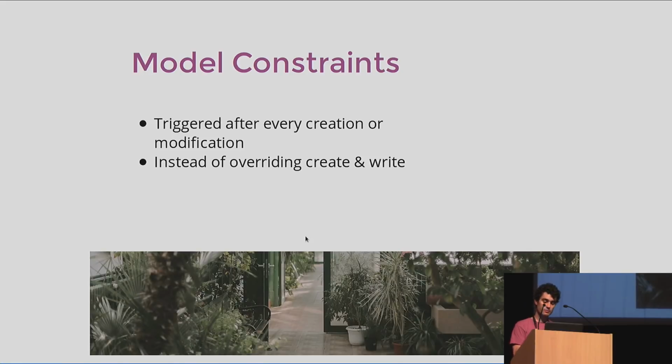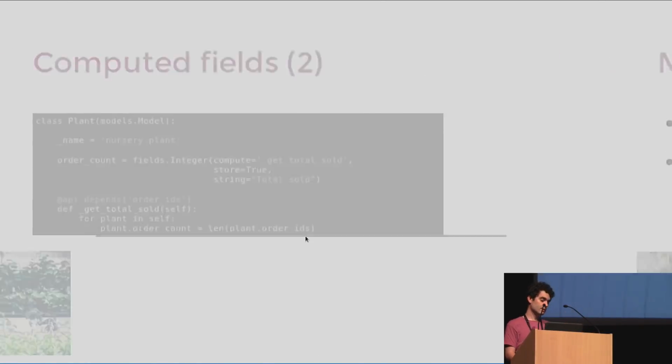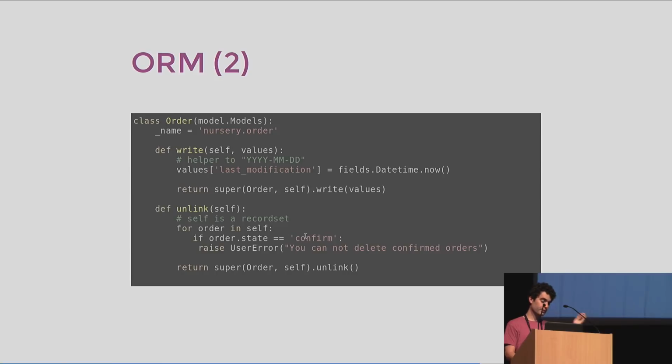Okay, last but not least, in my previous example with the ORM interaction, that was over here, I gave a way to raise an error if you try to delete a record. You could do the same, let's say, to prevent the modification of the plant if the state was already confirmed, or things like this.